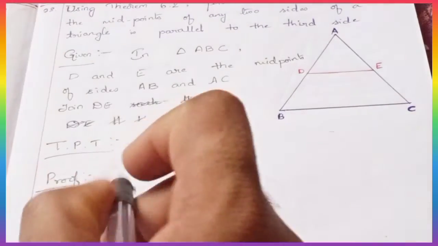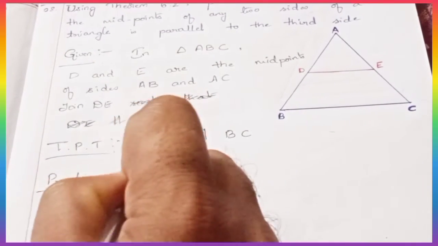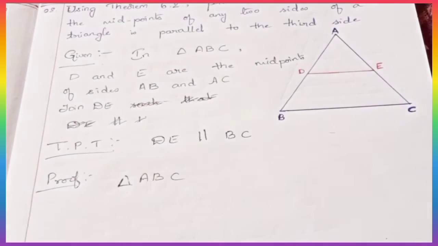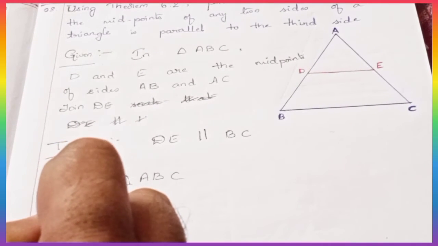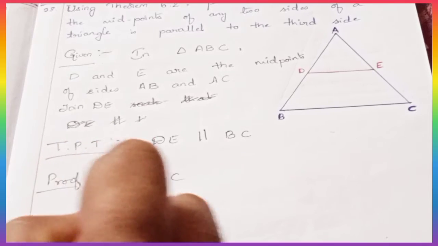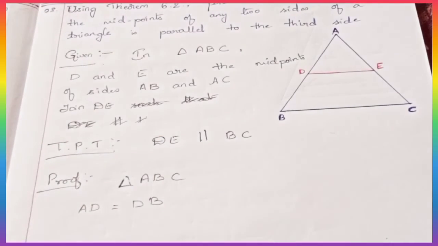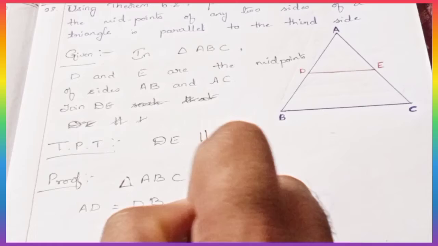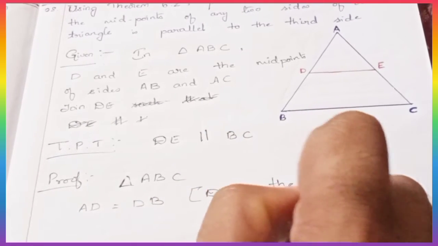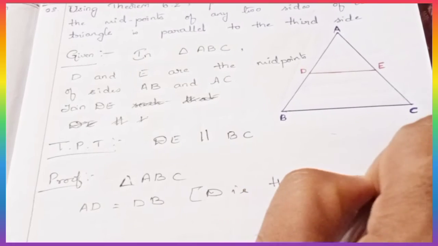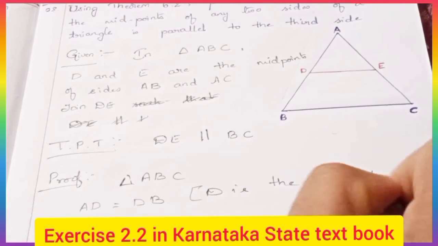It's very simple. We are considering the triangle ABC. In this triangle ABC, we already know that the length of AD is equal to the length of DB. Why? Because D is the midpoint of AB.